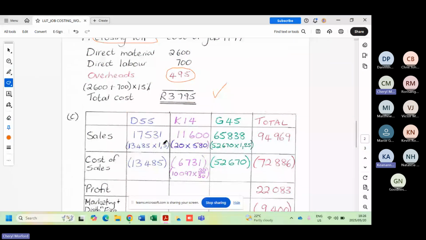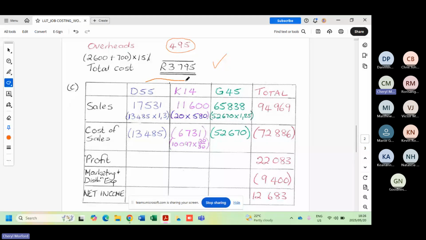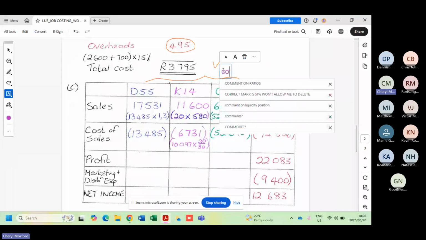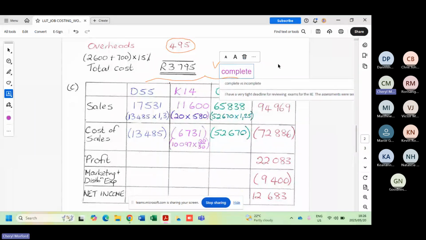All right, we're going to set up a table once again. You know me, I love a table with columns. And do notice over here, we've only got these jobs. Why? Because these were the jobs that were complete. Remember, we couldn't put M because M wasn't finished, therefore it can't bring in any sales.